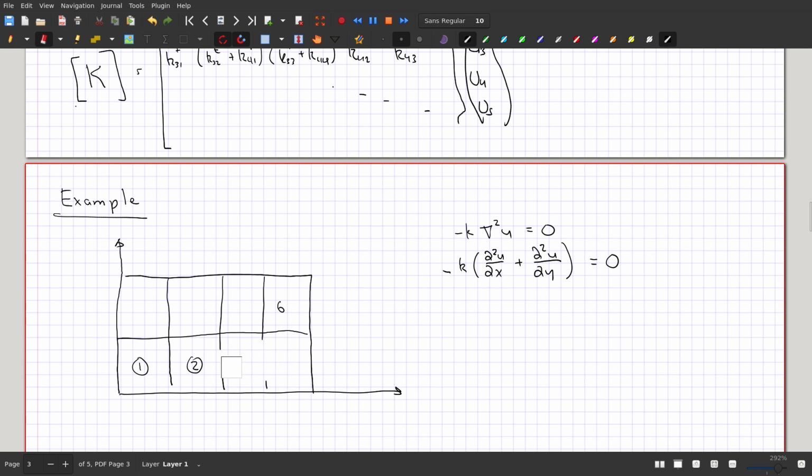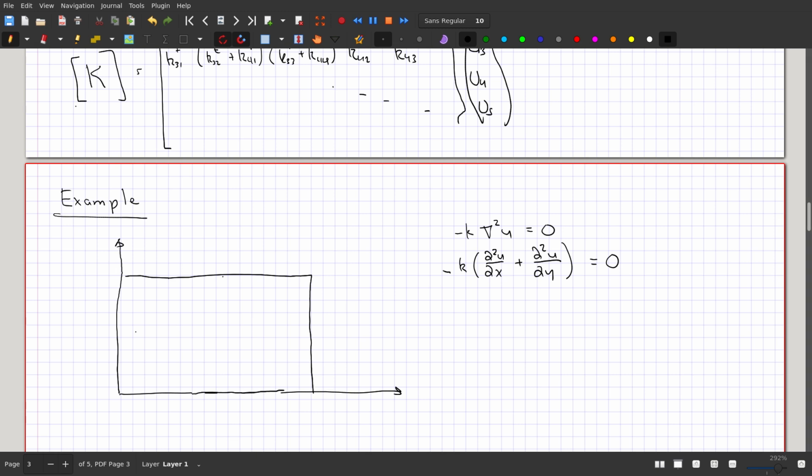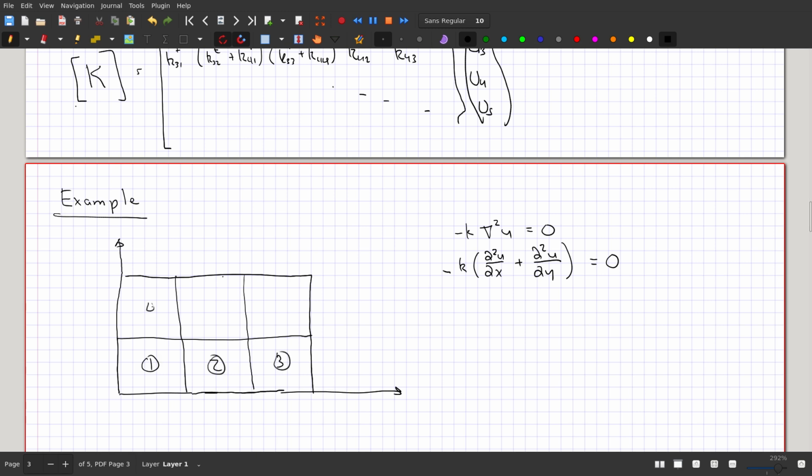I drew too many lines. Okay. So we'll have 6 elements. 1, 2, 3, 4, 5, 6.